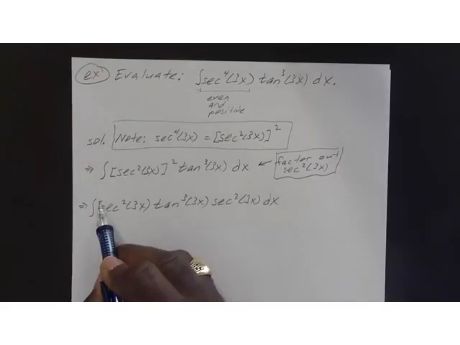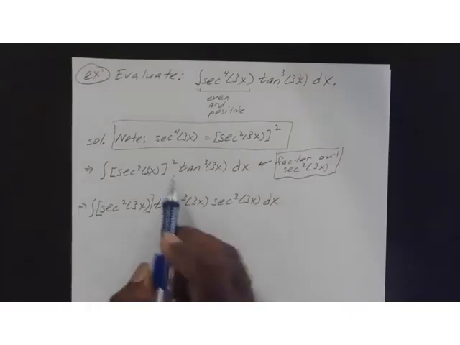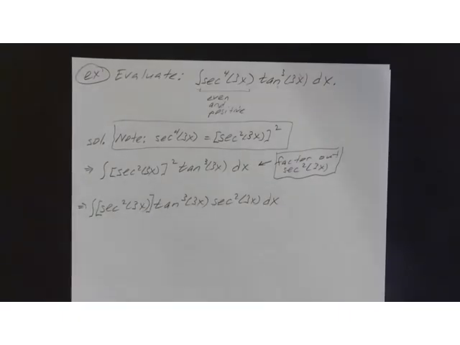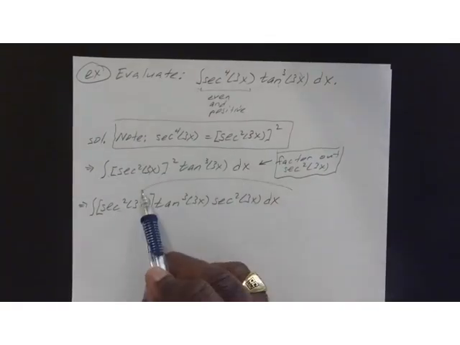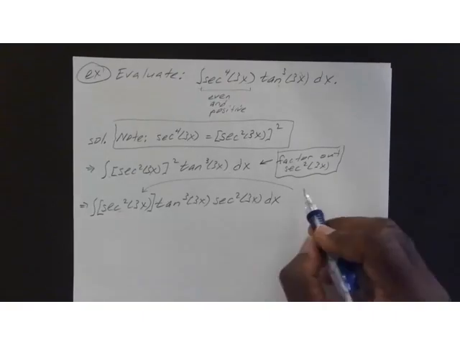Now remember, this was the one that was originally in the brackets. So the one that was originally in the brackets, that's the one we're going to convert to 1 plus tangent squared.